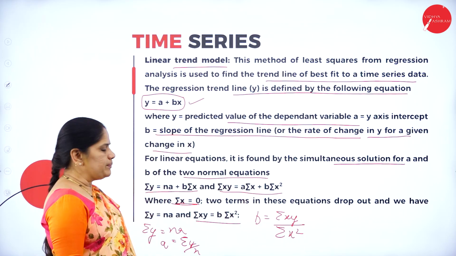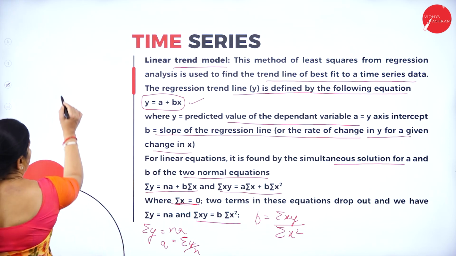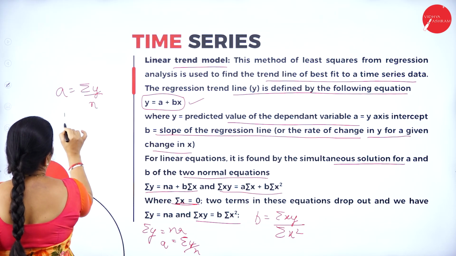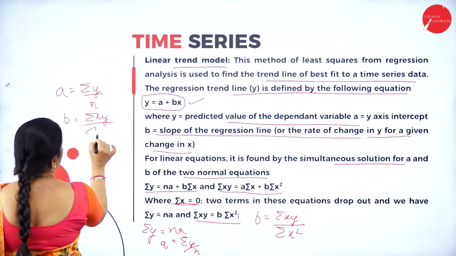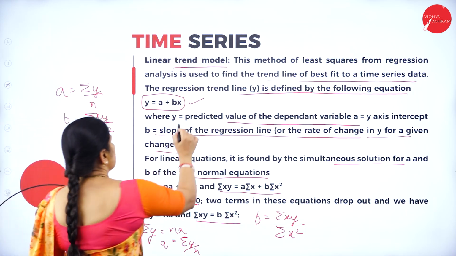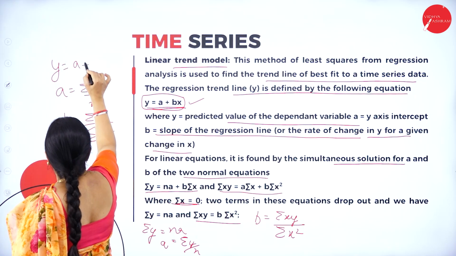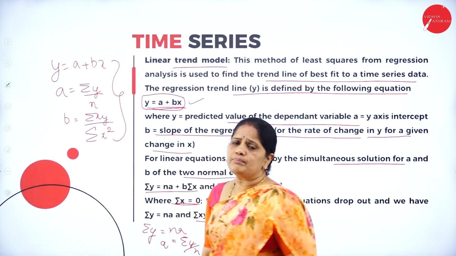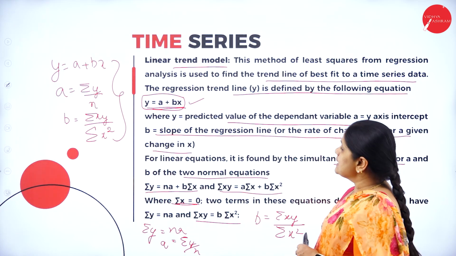So we have the formulas for finding a and b. For a, remember it is sigma y by n, and b equals sigma xy divided by sigma x square. So these two, along with the straight line formula y equals a plus bx, are the three most important formulas you have to remember for time series analysis.